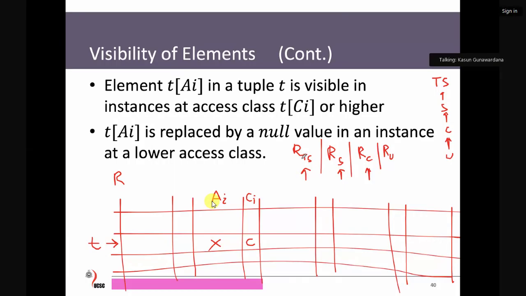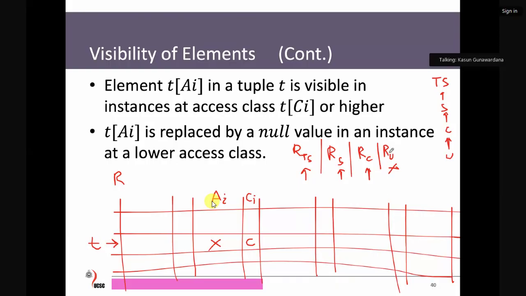So in all these 3 instances, X will appear, and X will not appear in this instance, RU. So typically, this X is replaced by a null value in an instance at a lower access class.